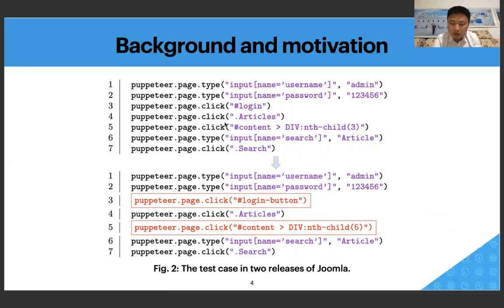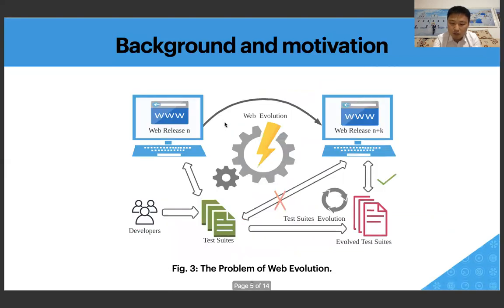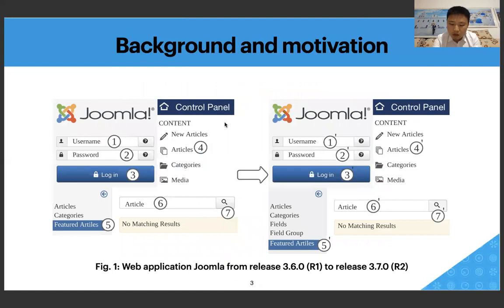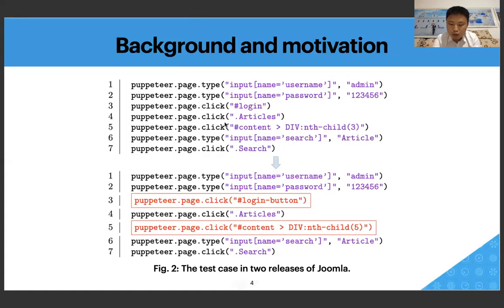However, with the web evolution, the test case is broken due to the changed selector. Let us give two examples of breakage. First, non-selection breakage. A locator can target the DOM element in R1, but the locator is unable to select the target element in R2.